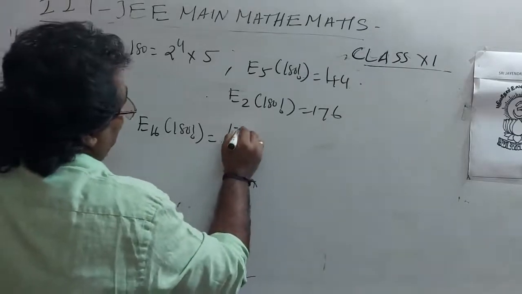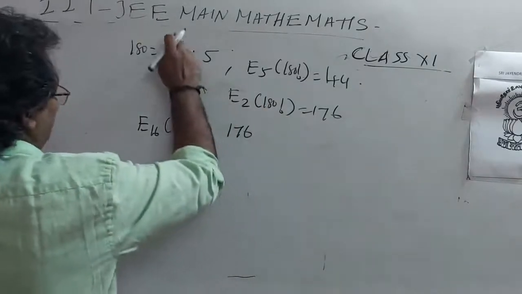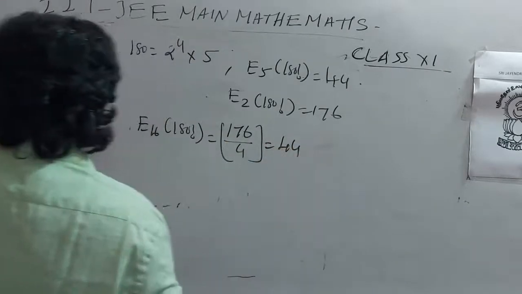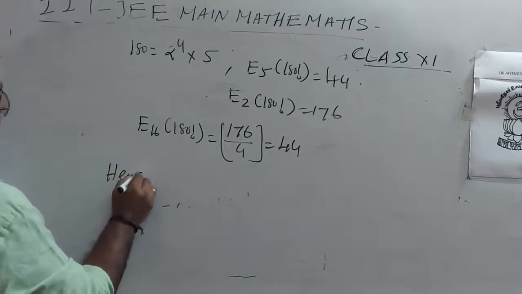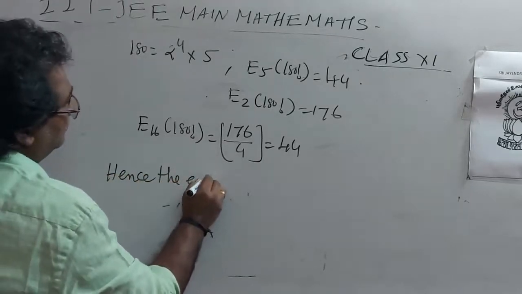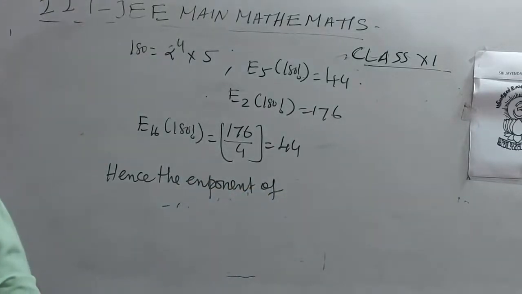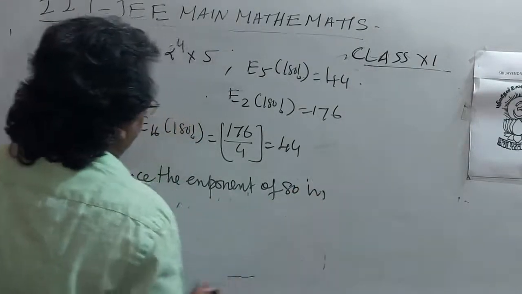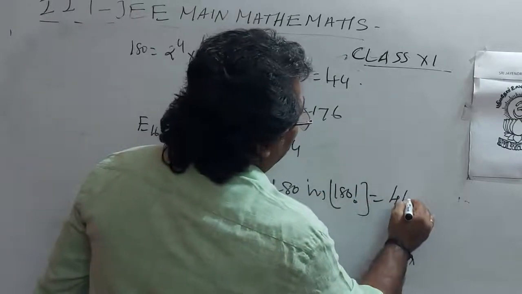Just dividing the exponent of 2 by 4, that is 44. Hence the exponent of 80 in 180 factorial equals 44.